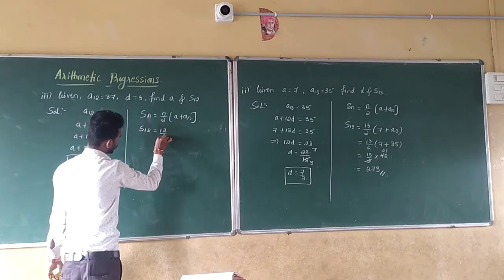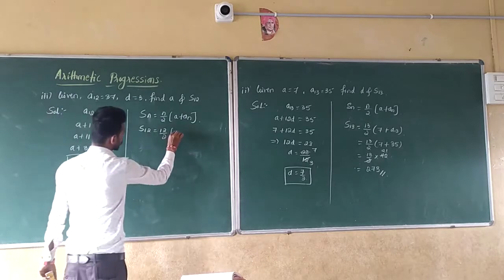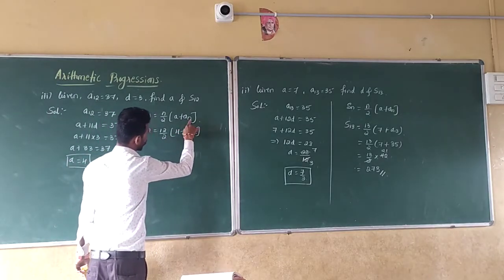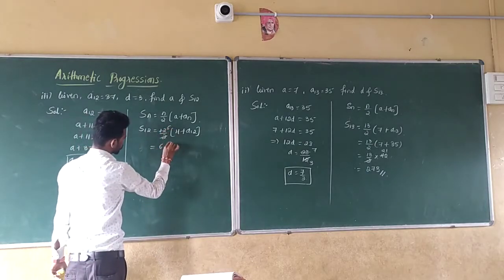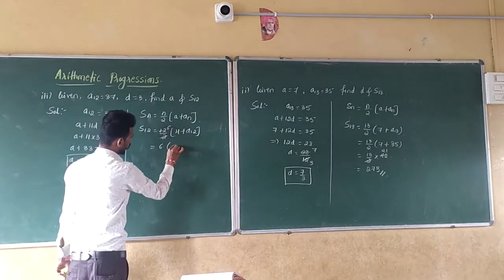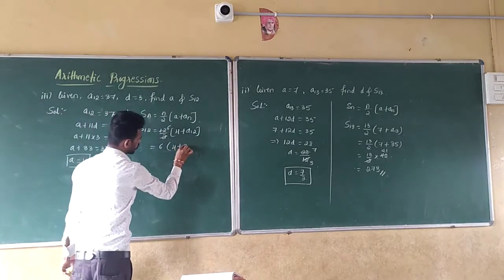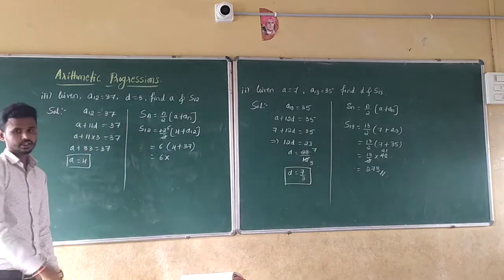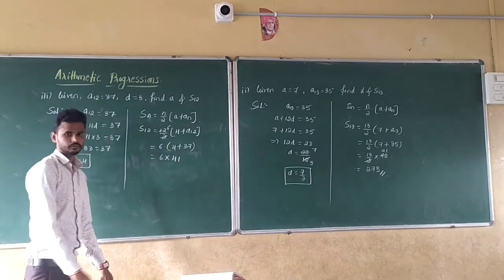So 12 by 2 into a, how much is there now? 4, plus a12, because n is 12. So 2 sixes are 12, 6 down. Now a, 4, plus a12, how much is that? 37. So 6 into 37 plus 4, 41.